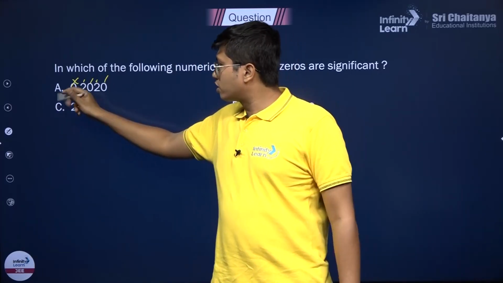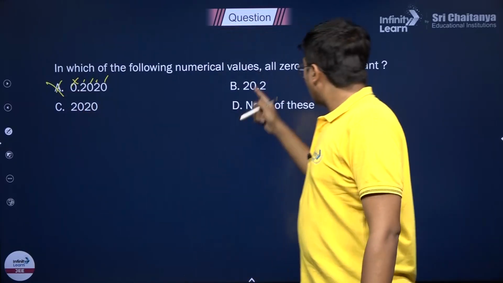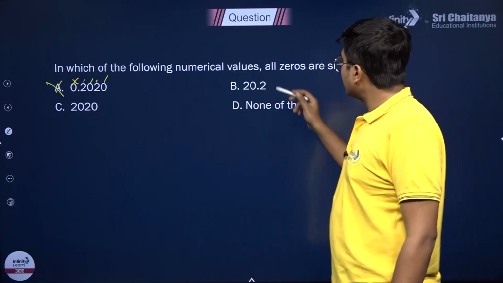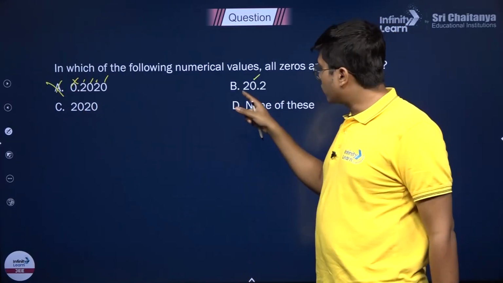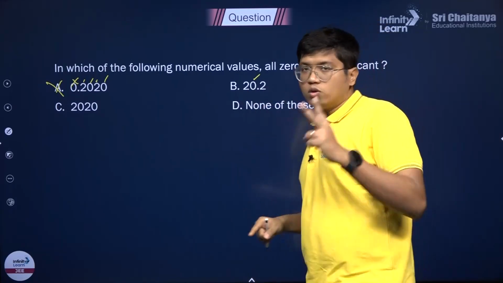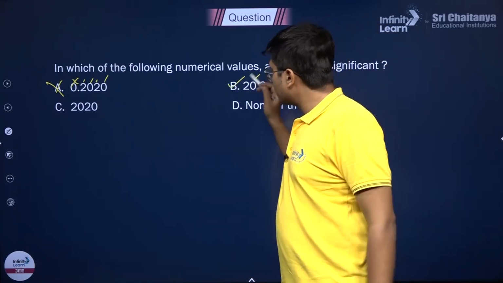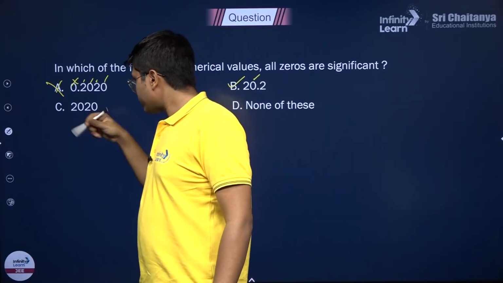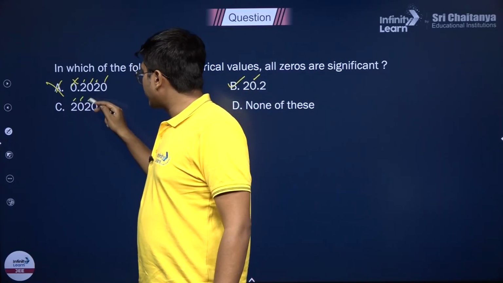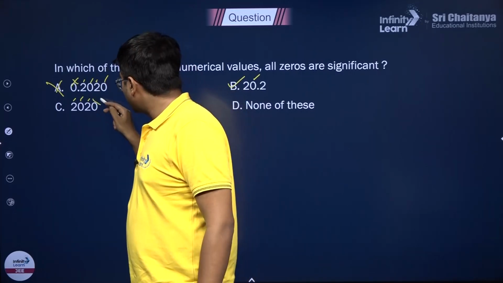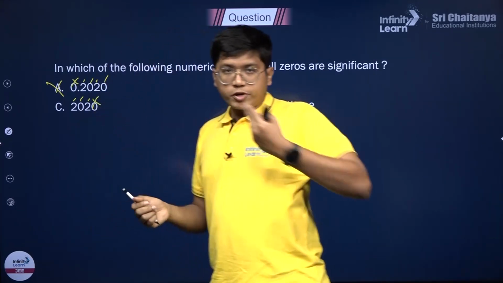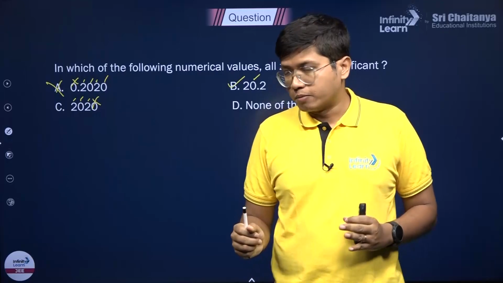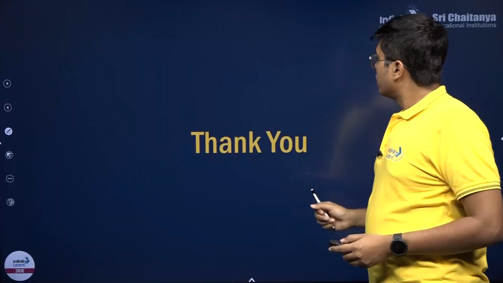So this is not the correct answer. Over here, 2.02, you can tell that this 0 is significant because it's in between 2 non-zero numbers. So this is our correct option. I can even look at this. Over here, this 0 is significant, but this 0 is not significant because it is the trailing 0 of a non-decimal number. Fine.